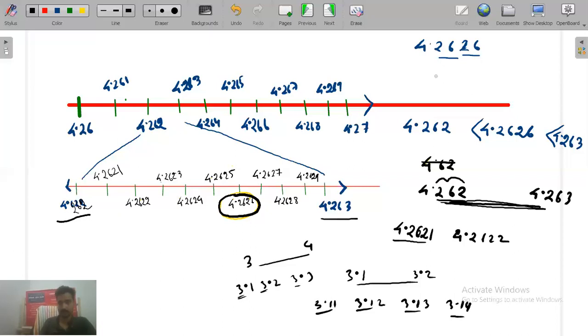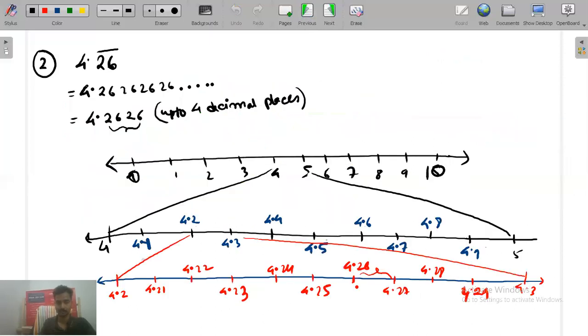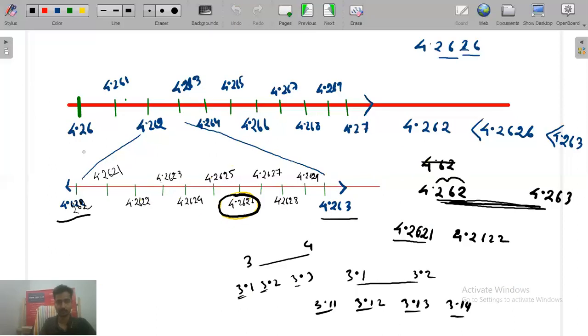Then the number will lie between 4.2 and 4.3. Then again it will lie between 4.26 and 4.27. Then again between 4.262 and 4.263. You can write the steps like this. The steps will be the same as the previous one.